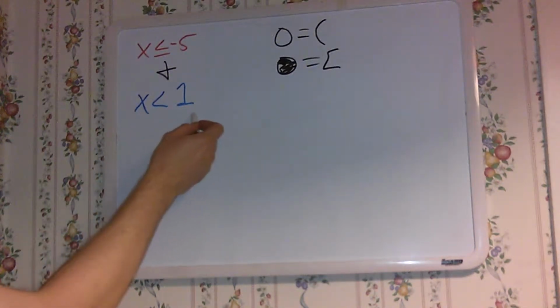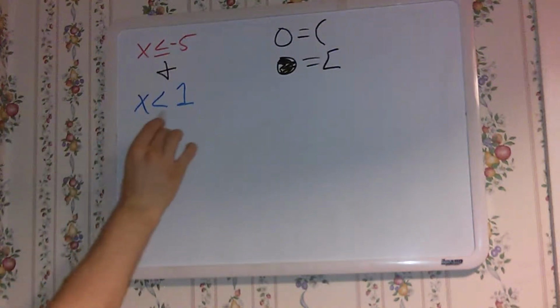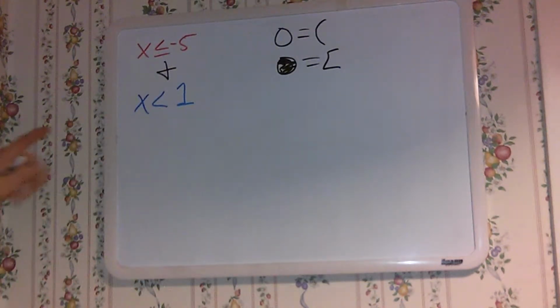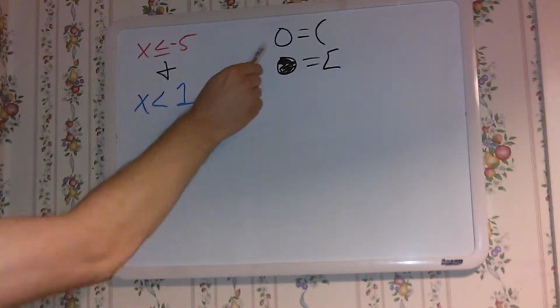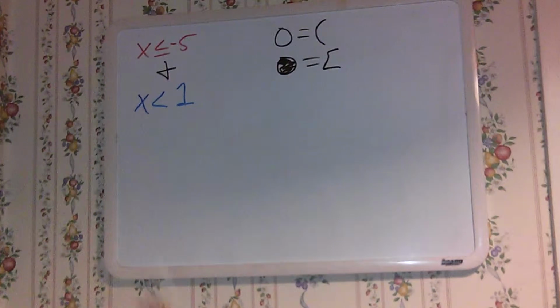Like here, x is less than 1. If x is less than 1, we know x is not equal to 1, so you'd be using the open dot. But here, x is less than or equal to -5. So again, it could be equal to -5, so you'd use your closed dot.